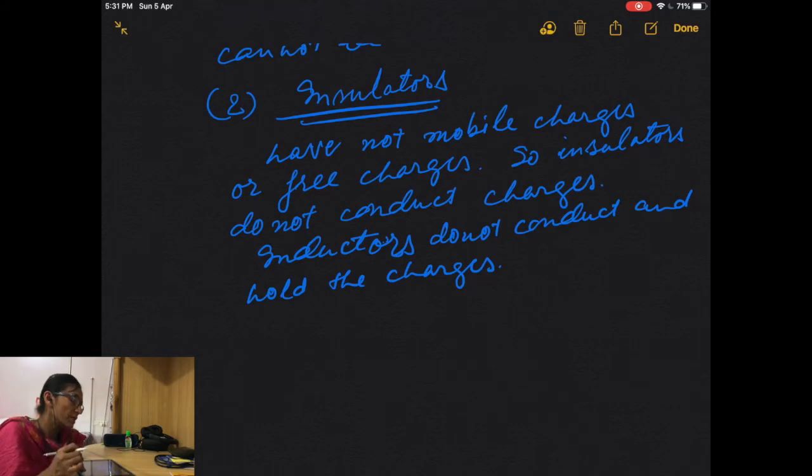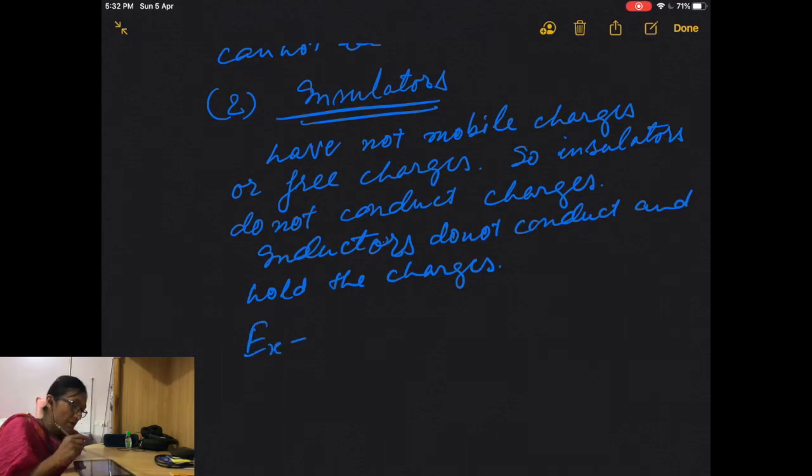So out of conductor and insulator, insulators are the objects which can be charged by these three processes, by friction, induction or conduction. So only insulators can be charged. And then some examples I would like to give.